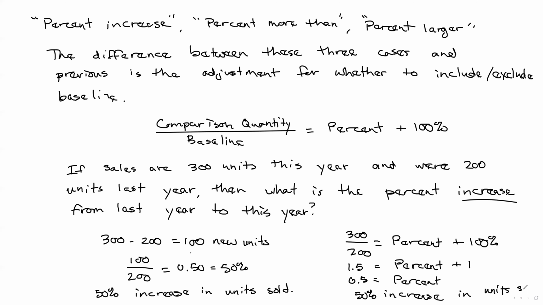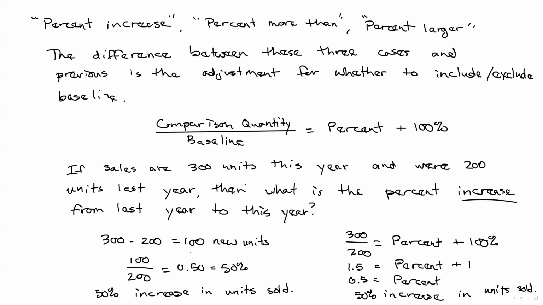So you can do this either way. These are both correct. There's nothing wrong with this one. If you're finding percent increases or percent more than or percent larger, one way to do it is to take the quantity that you're comparing to, subtract the baseline to figure out how much change there is between the two, and then divide by the baseline when you're done, and that will give you the percent increase, the percent change.